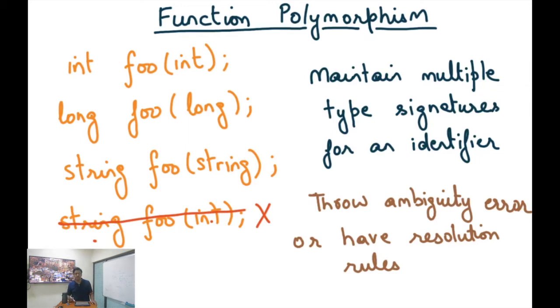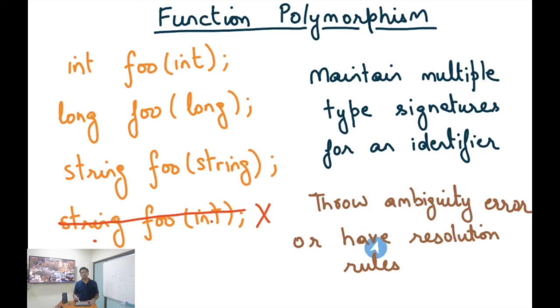Now, there may even be a chance of ambiguity. For example, if I just say 1 or something like that, then what is it? Is it a long or is it an int? If the actual argument was just an integer constant, it could be a long or an int. Different languages could take different approaches. For example, they could throw an ambiguity error saying that, look, I couldn't figure out which foo you are talking about.